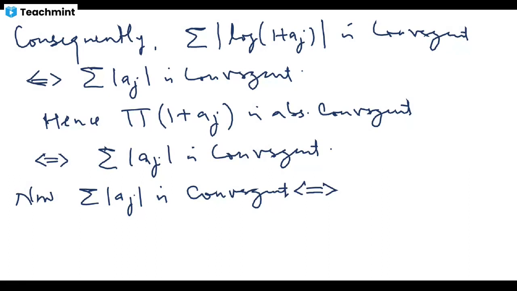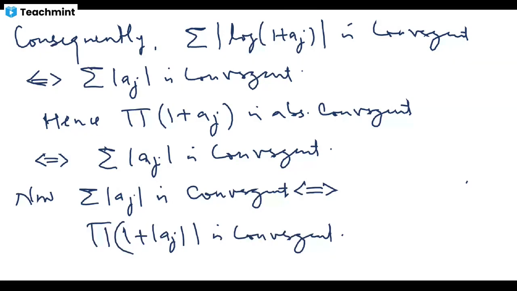That implies that this product of log of 1 plus mod aj, not log, we don't need log there, this is product 1 plus mod of aj is convergent.